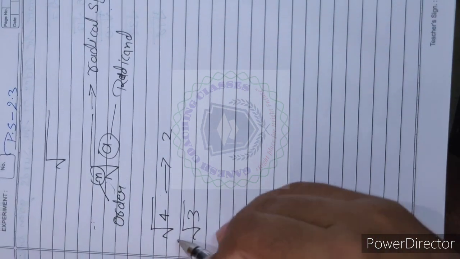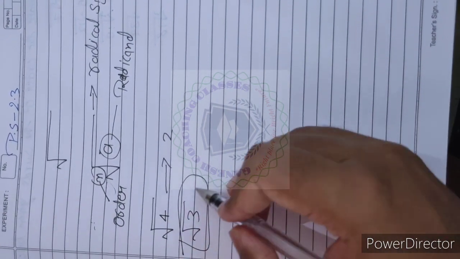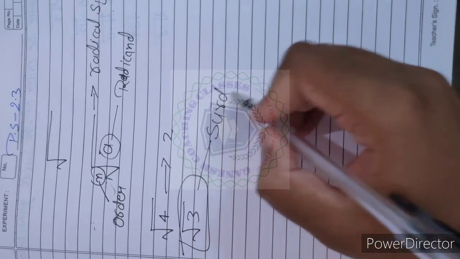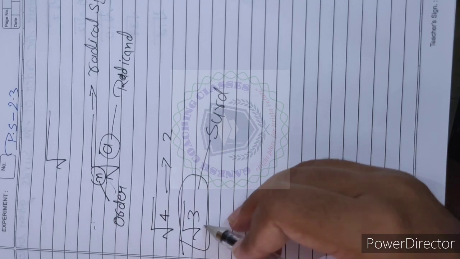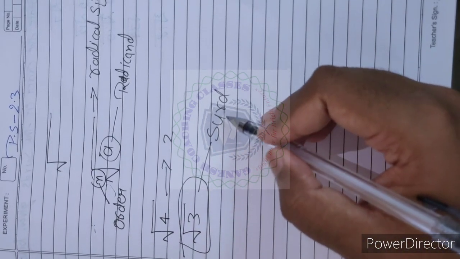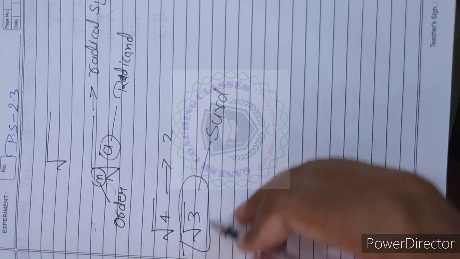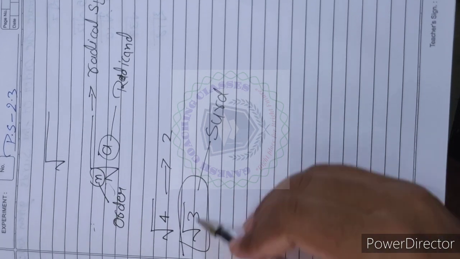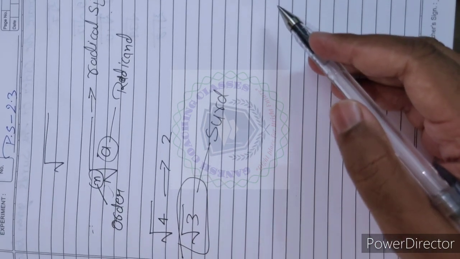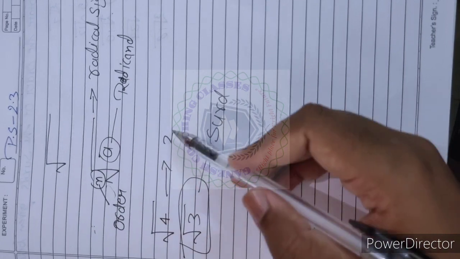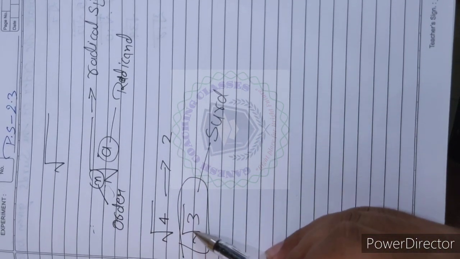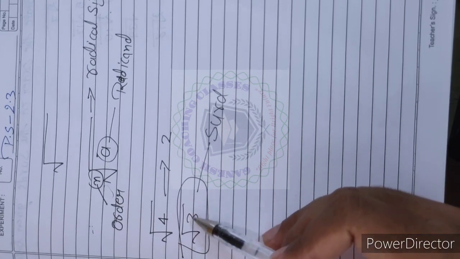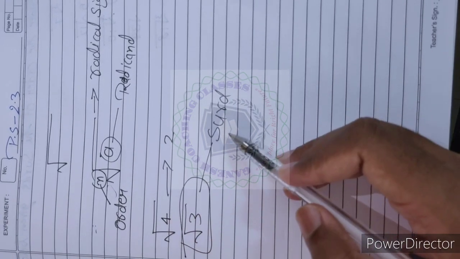In this case, this number is called a surd. This total number along with the radical sign we call a surd. It is called a surd when the value of the root is an irrational number. When we get a rational number, we simply call it a root. When we get an irrational number, we call it a surd.